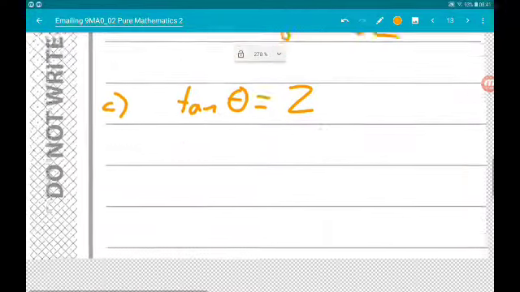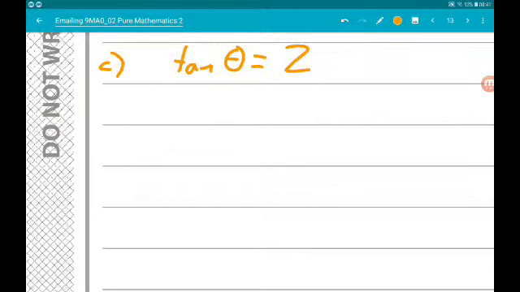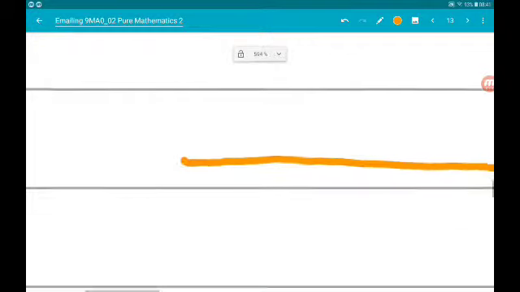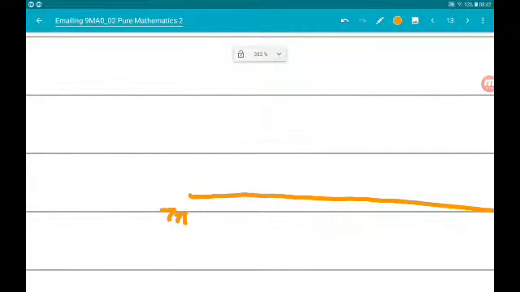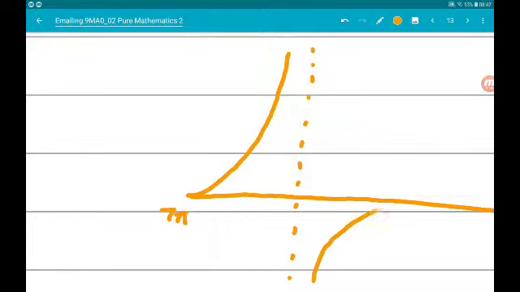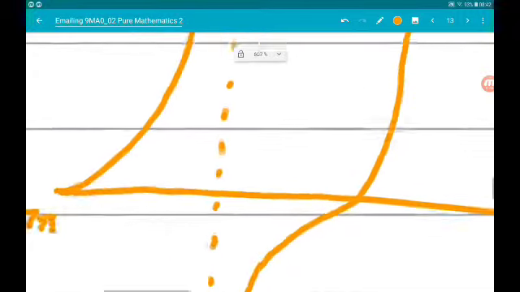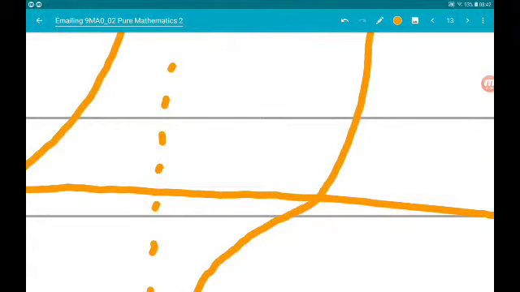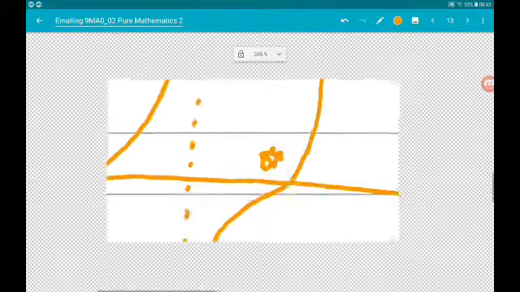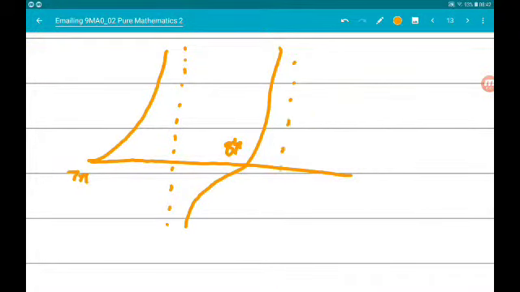Now if we sketch tan in the interval we're in, so 7 pi up to 10 pi, well we know that tan is 0 at every multiple of pi. So that would be 8 pi, then we got 9 pi.